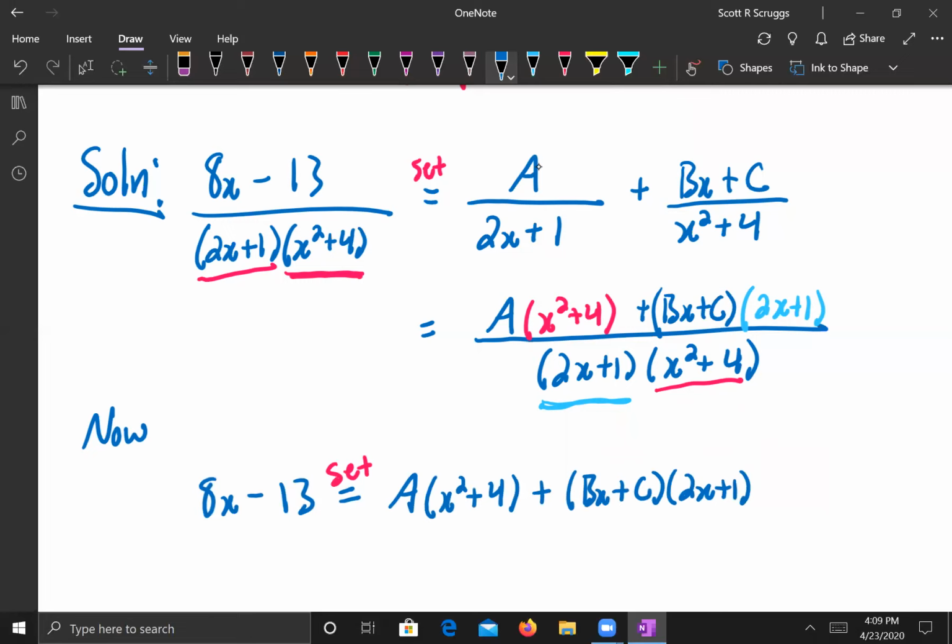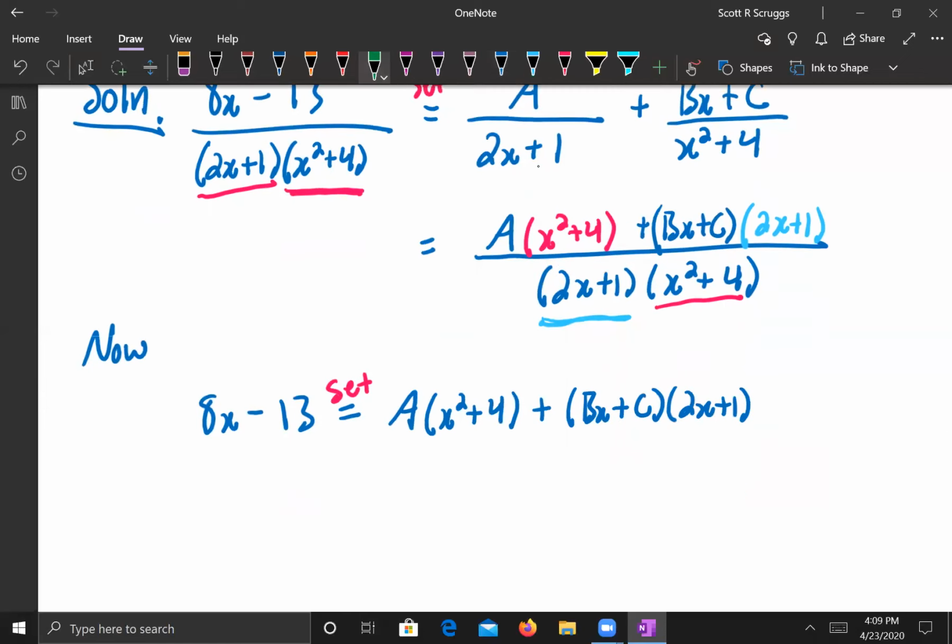And so before I do anything, I'm going to do a little bit of work on the right-hand side. And the work that I'm going to do is I'm going to distribute any terms that I have and multiply anything that I need to. And so I'm going to do that now.